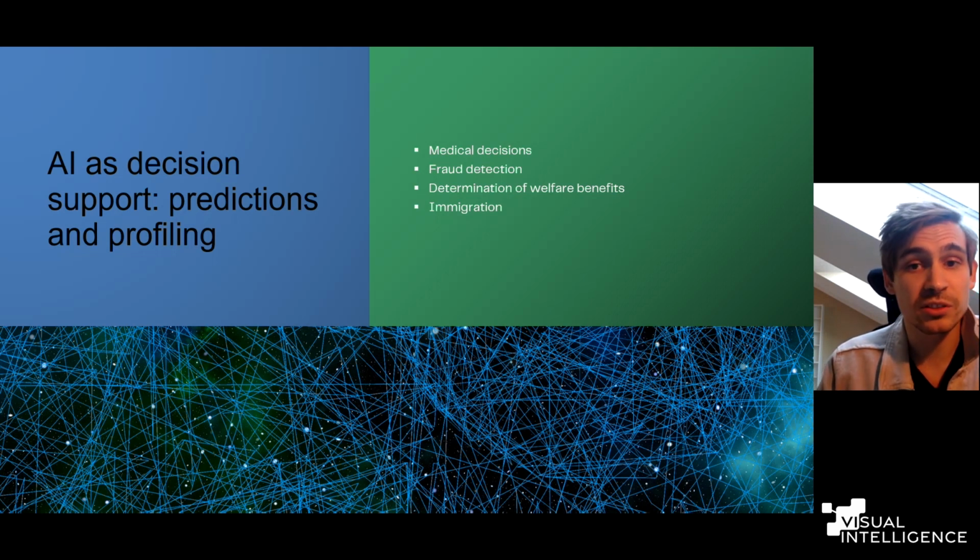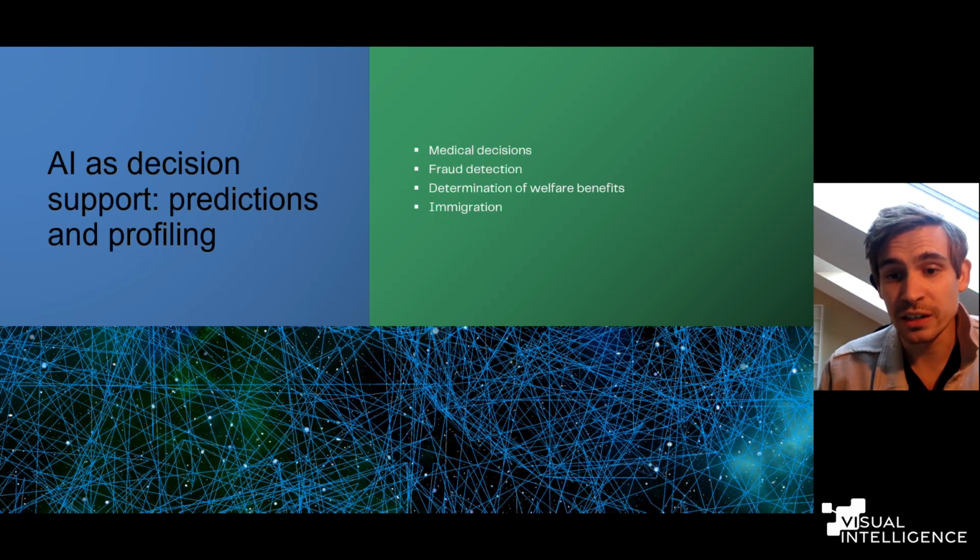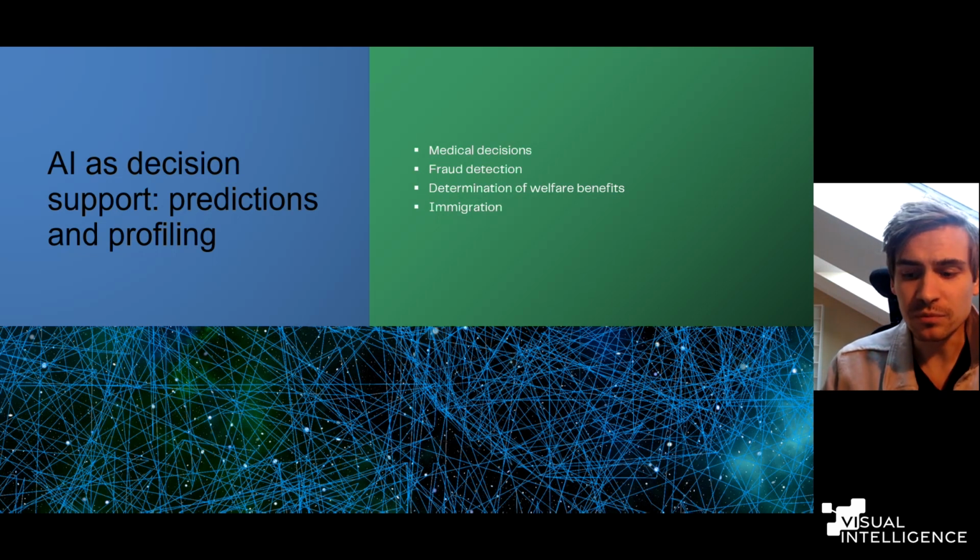Just a few examples just to demonstrate that these are potentially decisions that are very important for individuals, and where the laws of decision-making require certain explanations, and they require that the decision-making process is fair, to put it in a slightly simplified manner. And some of these laws also apply to private sector decision-making.